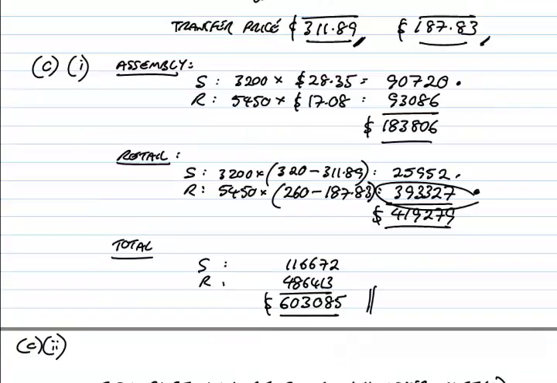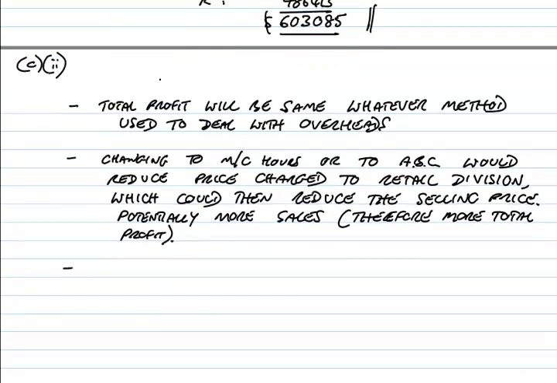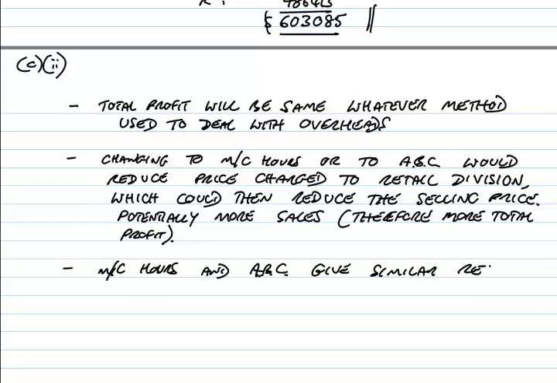And so it's worth pointing out that machine hours and activity-based give similar results for product R. Machine hours is an easier approach in real life.